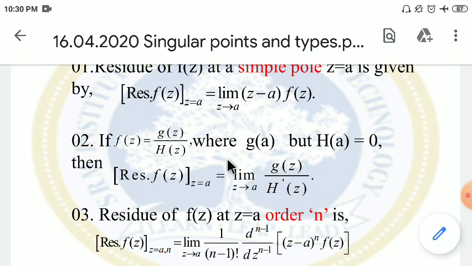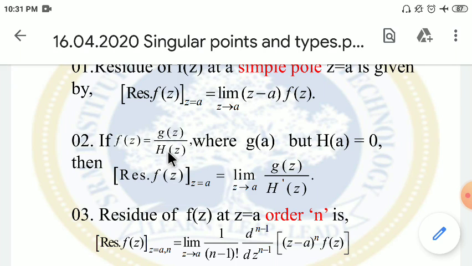The second formula is the special type. Suppose the given function f of z does not look like a polynomial type, but looks like something trigonometric, or even exponential, or logarithmic functions. Then the second formula is used when we have such functions. What is f of z?